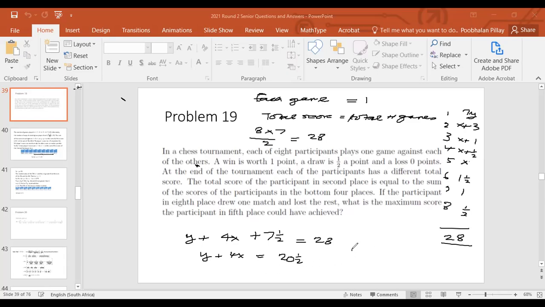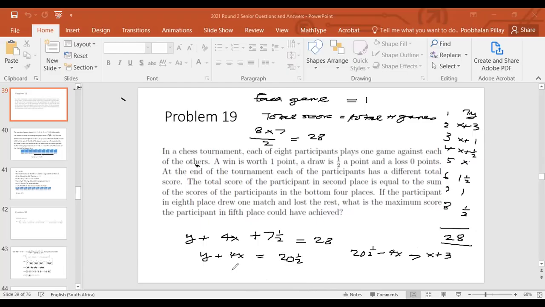The y is equal to 20.5 minus 4x. Right? 20.5 minus 4x is greater than x plus 3. You have to have that.